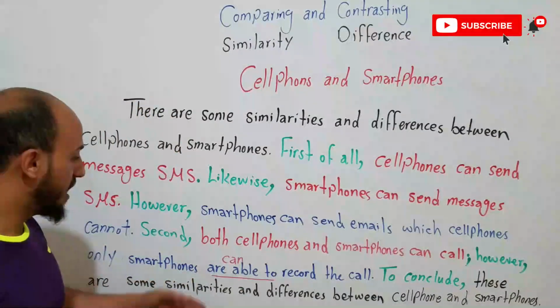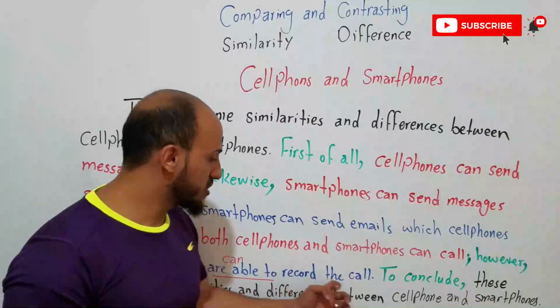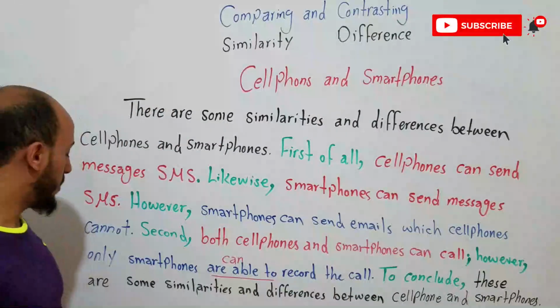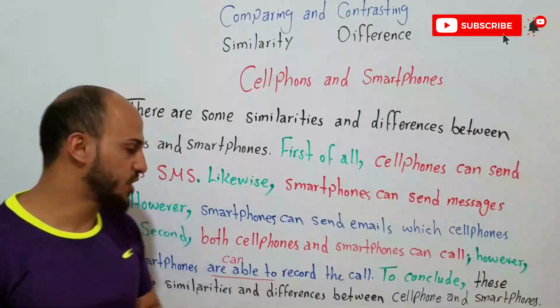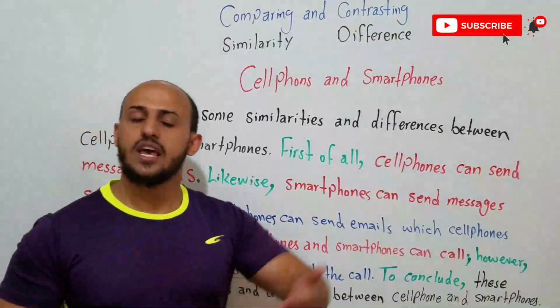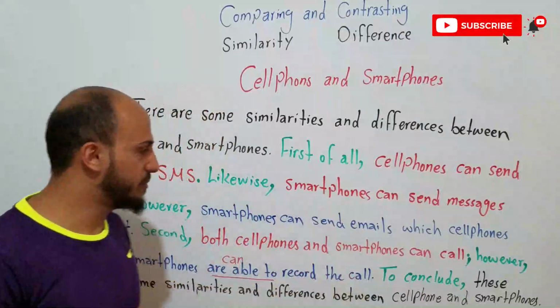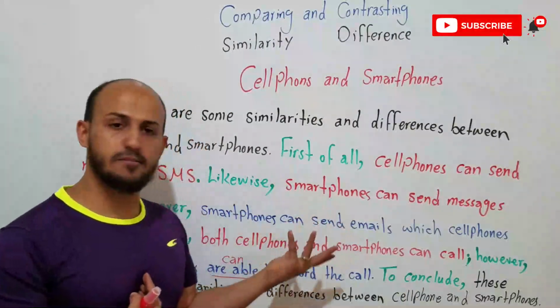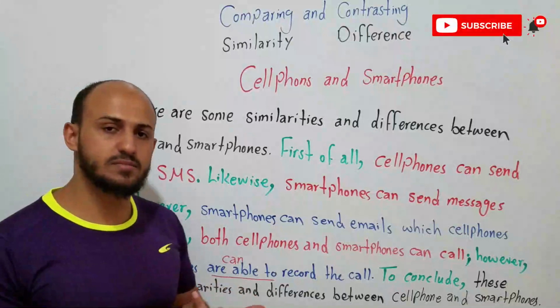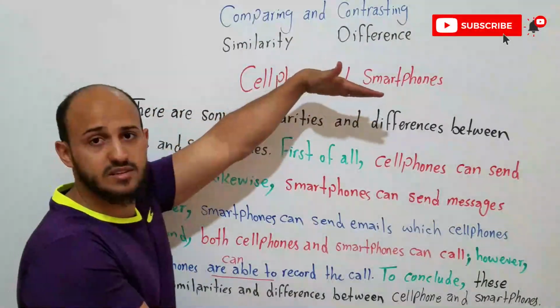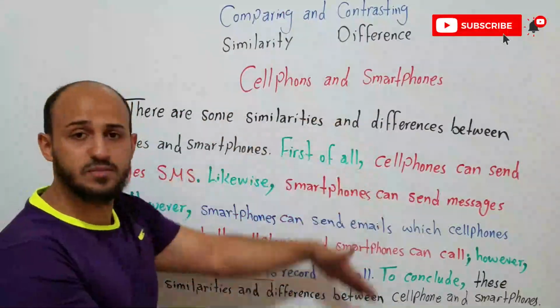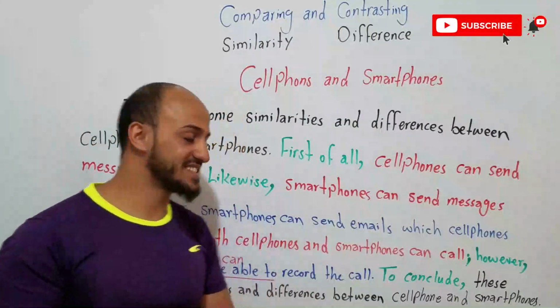I said only, which means cell phones can't. If you want to mention 3, 4, 5, no problem, you can. I could have made some more, however I couldn't because of the short space here. Sorry, guys.